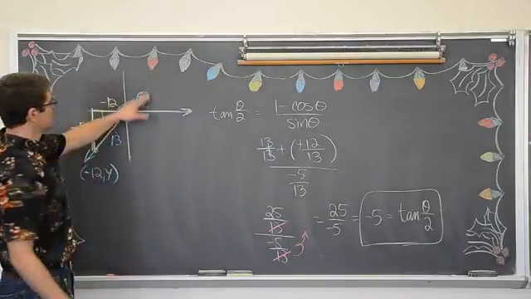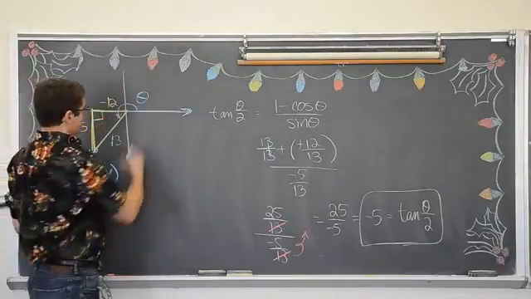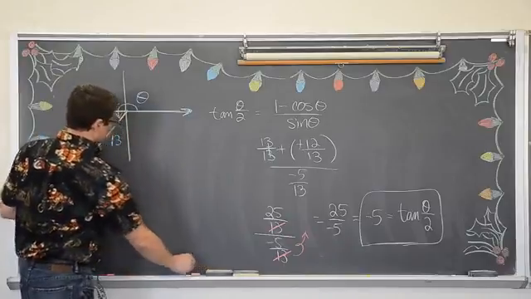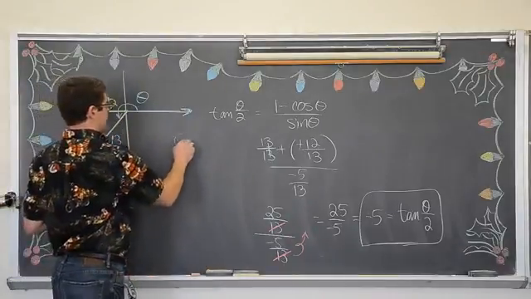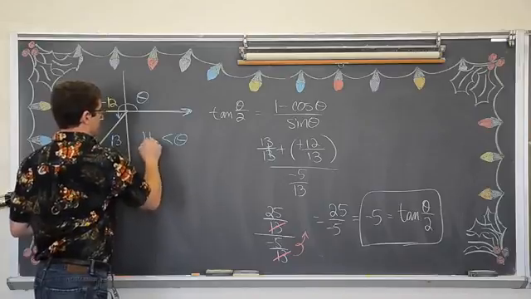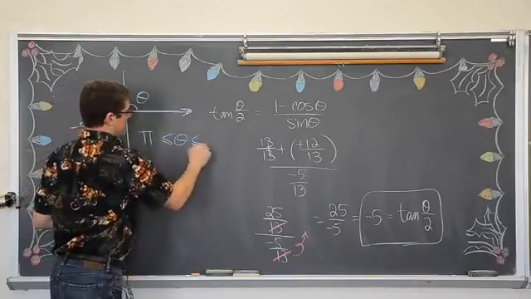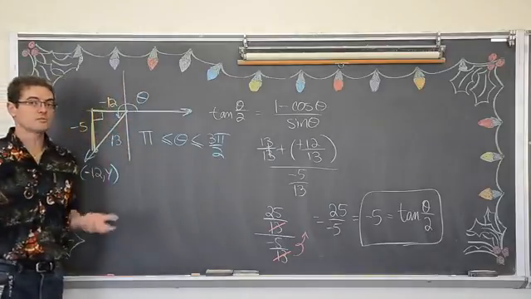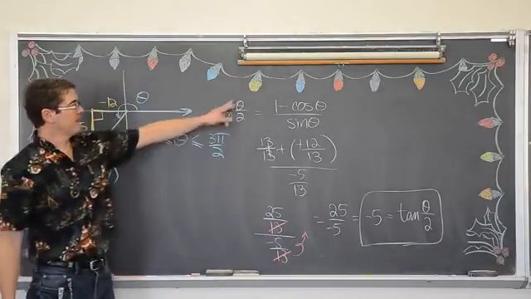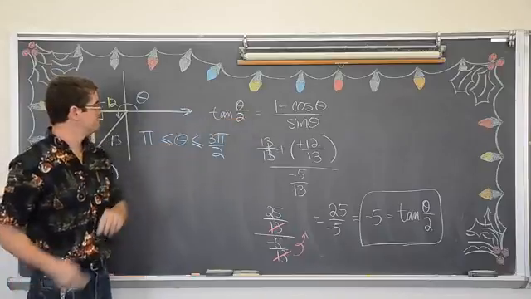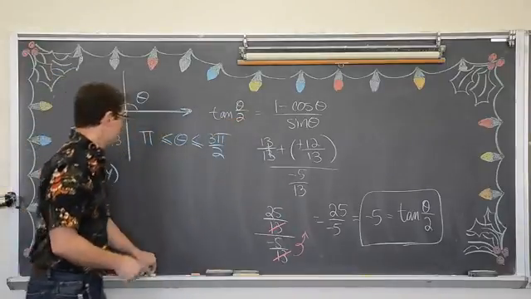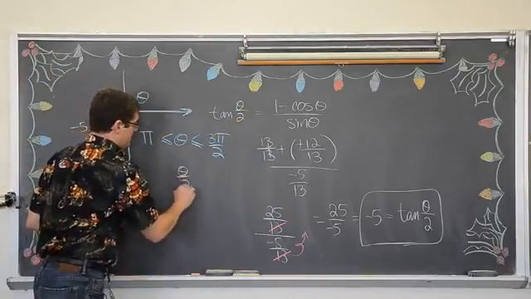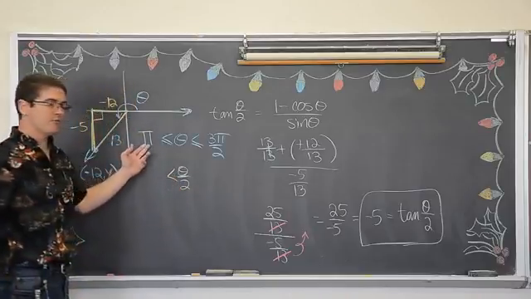Okay. Let's talk for a second, by the way, what quadrant is this half angle in? Well, the original angle, theta, is clearly in quadrant 3. So that means that theta is greater than or equal to pi and less than or equal to 3 pi over 2. That means it's in quadrant 3, as we just said. If we're finding an angle measure that's half the size, then theta over 2 is going to be, well, what's half of pi?